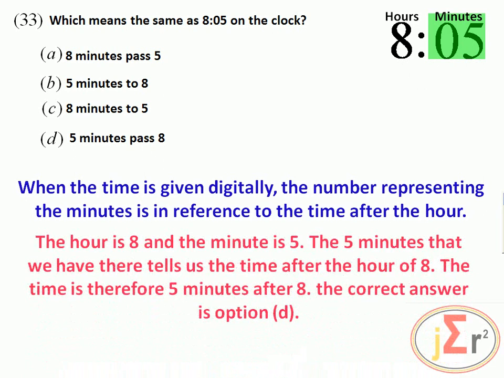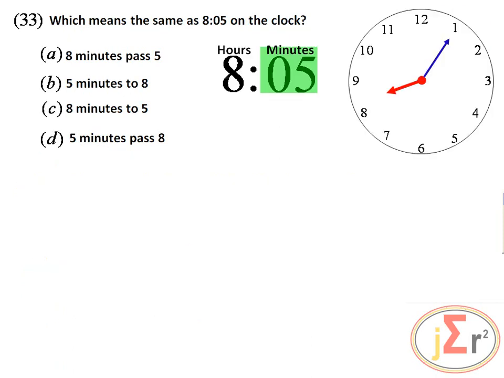The hour is 8 and the minute is 5. The 5 minutes that we have there tells us the time after the hour of 8. The time is therefore 5 minutes after 8. So the correct answer is Option D.